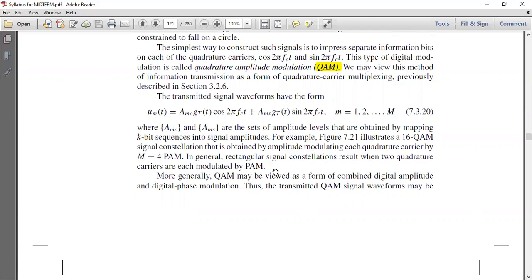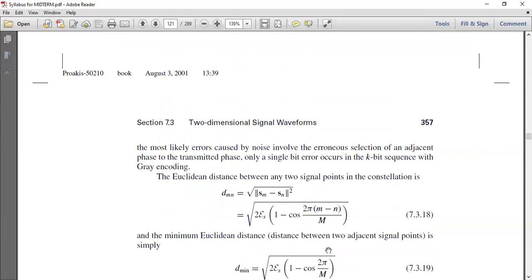So two quadrature carriers are amplitude modulated by the PAM signal. More generally, QAM may be viewed as a form of combined digital amplitude modulation as well as digital phase modulation. In case of PSK, we have only phase modulation, no change in amplitude.